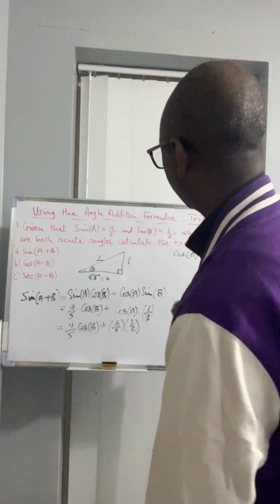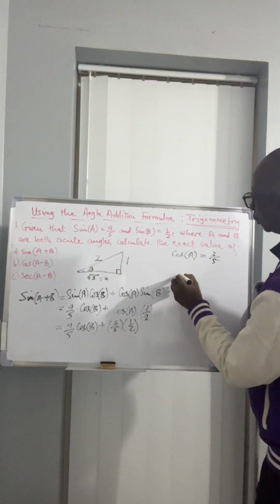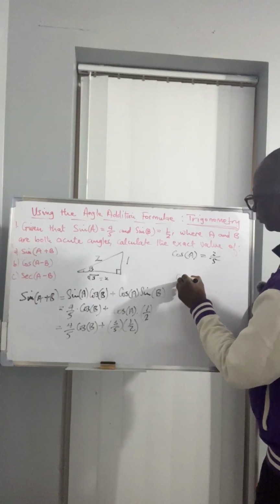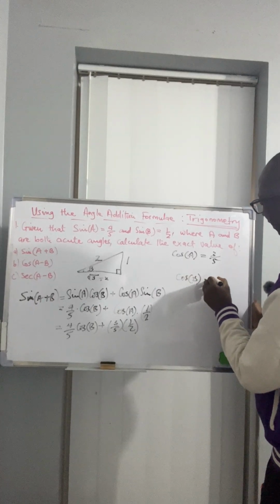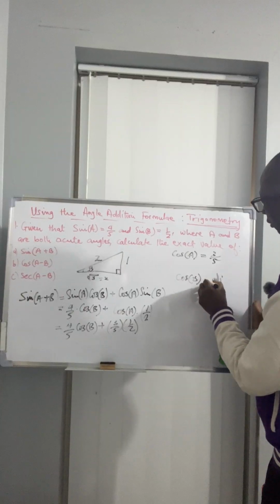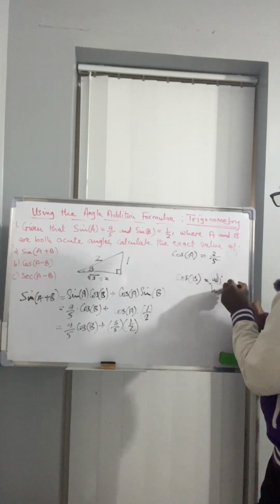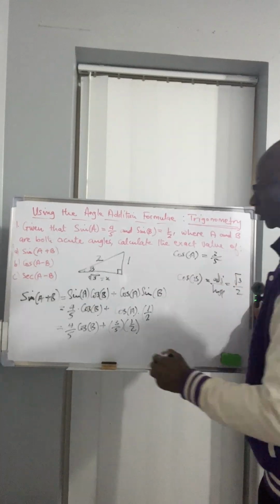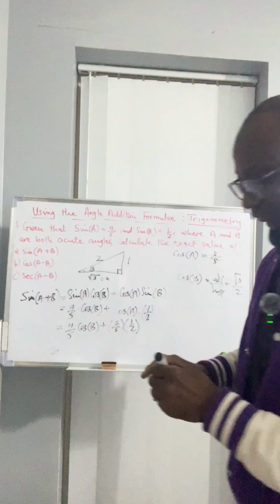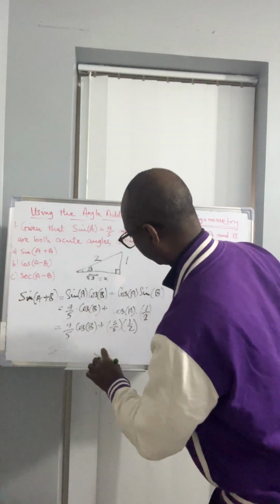So from here, now we can find the cosine of B. We know the cosine is adjacent all over hypotenuse. So the adjacent is root 3 all over hypotenuse 2. So this problem now becomes, it's getting long. Sorry, I keep changing markers. My markers keep getting dry quickly.